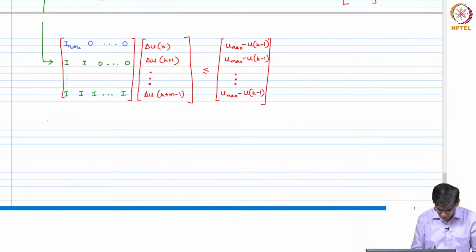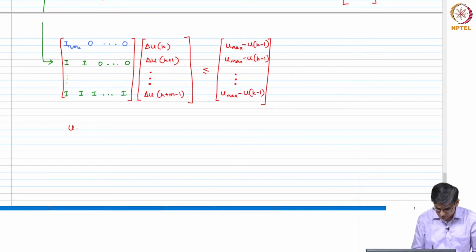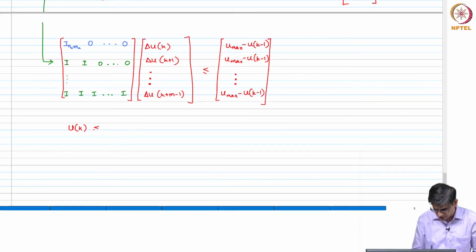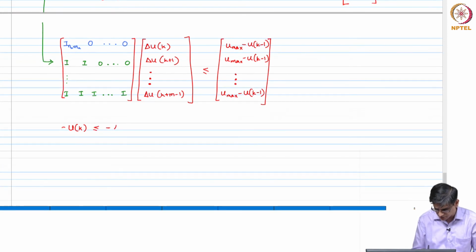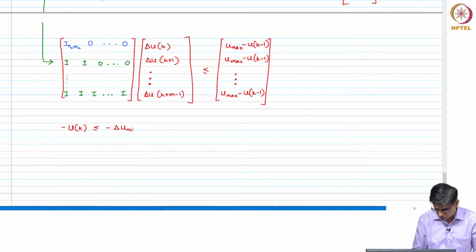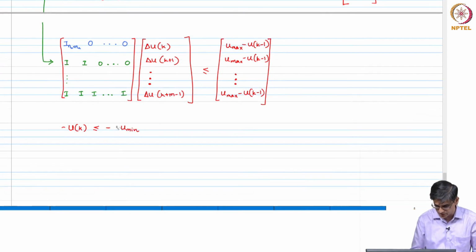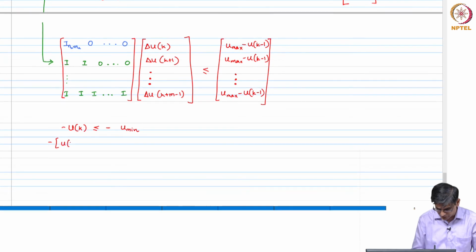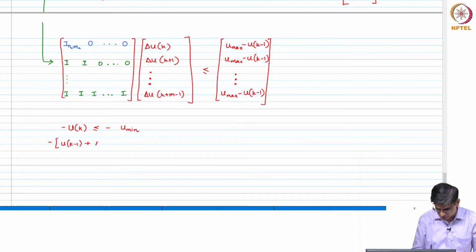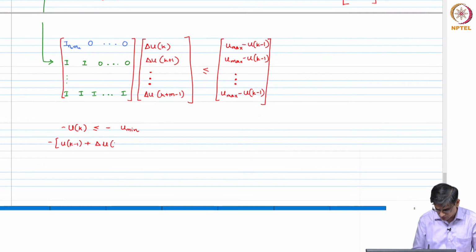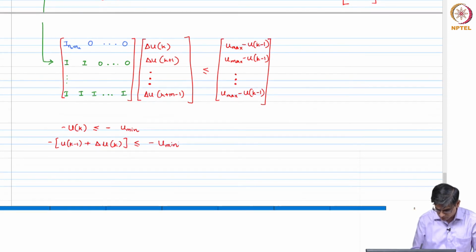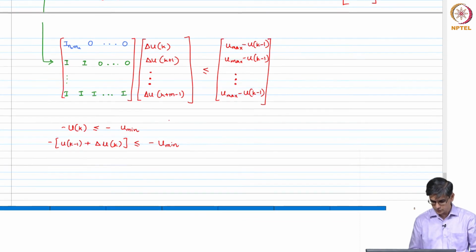Okay. Last set of constraints is going to be minus uk less than or equal to minus u min, which is negative of uk minus 1 plus delta uk.